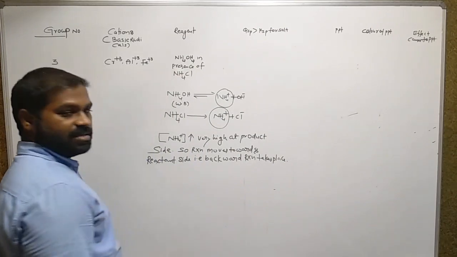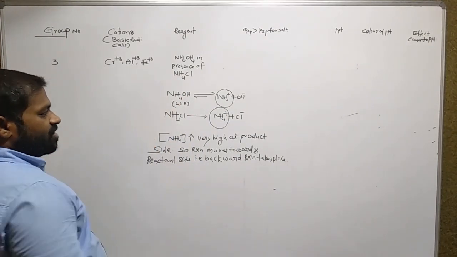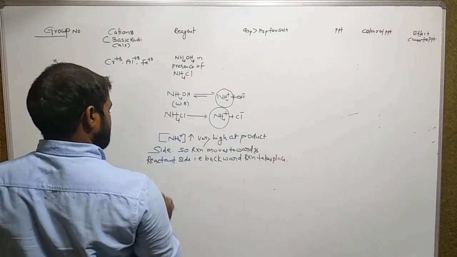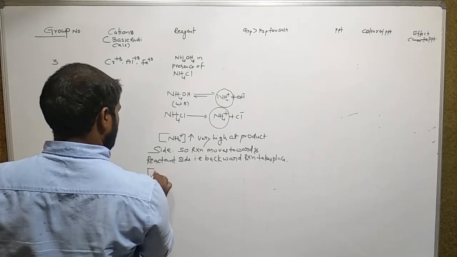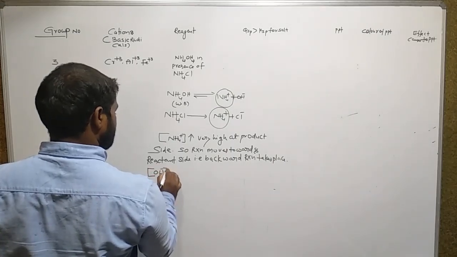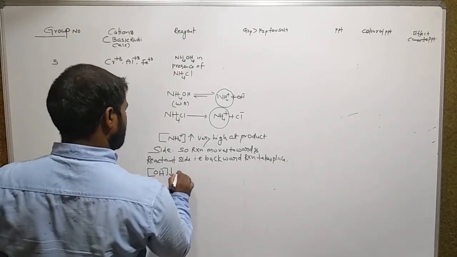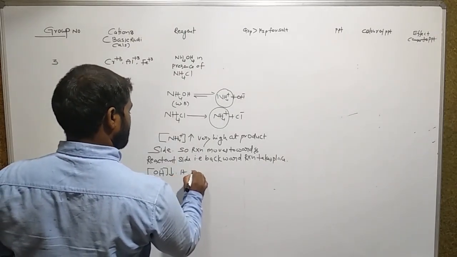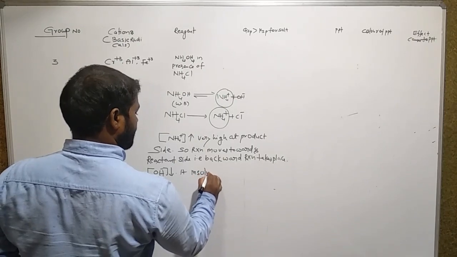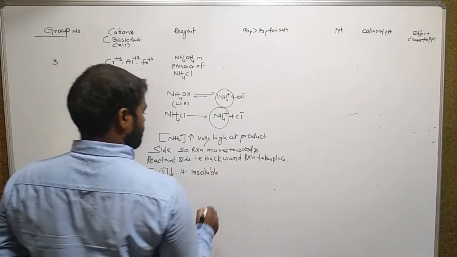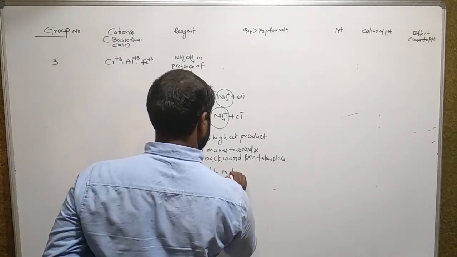Is it clear? So now which concentration decreases here? Here OH minus ion concentration decreases. Am I right? It is insoluble in the solution.